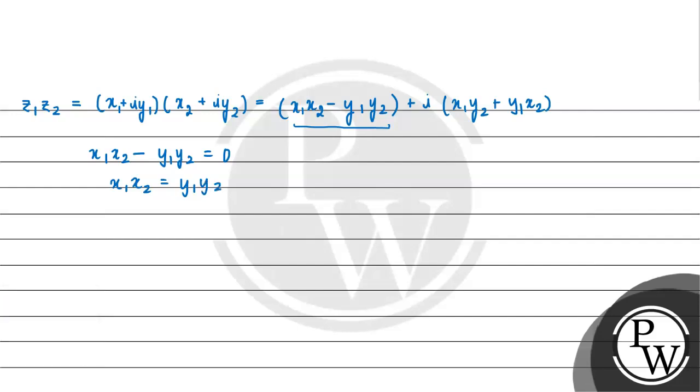For condition 2, let us discuss now condition 2. अगर हम condition 2 की बात करें, then real part of z1 plus z2 is equal to 0.